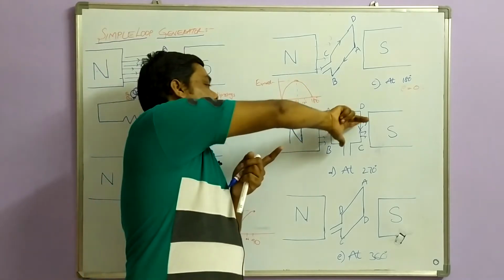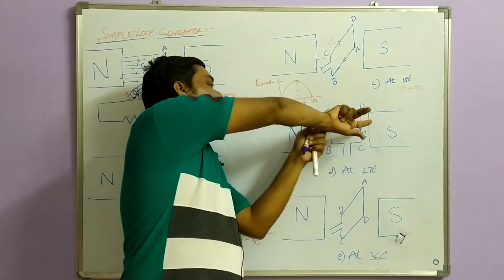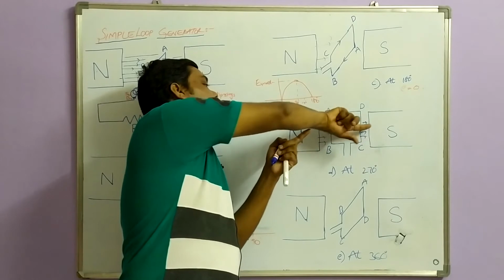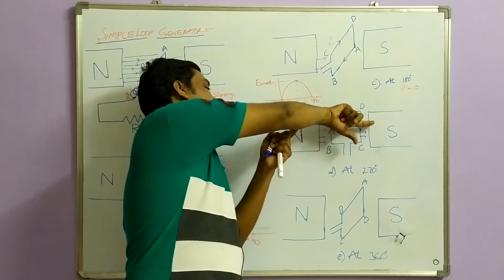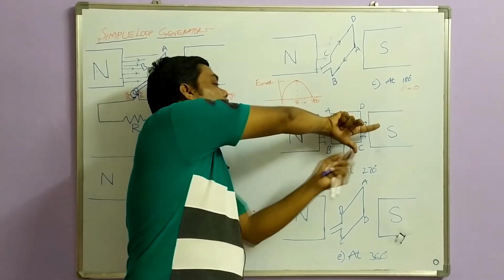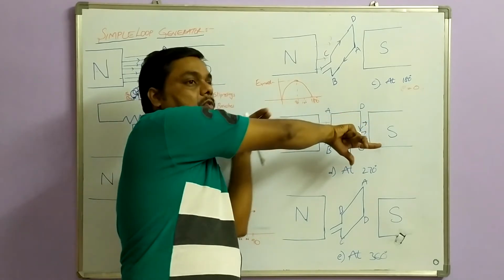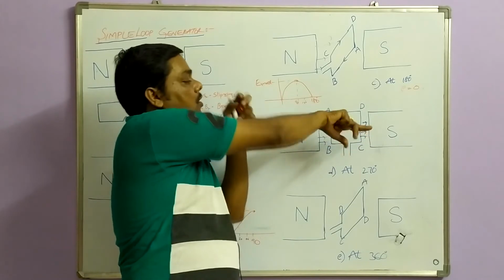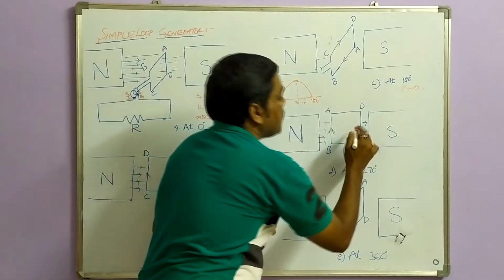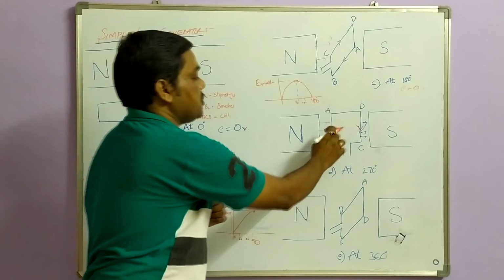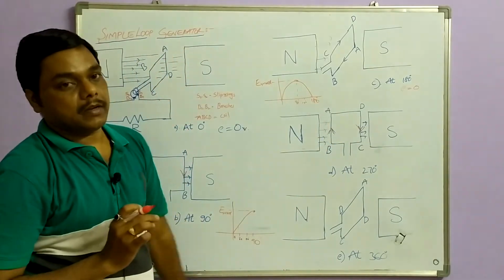You place your forefinger parallel to the flux, and the force direction is downwards. And what is the direction of current? It is coming out from your plane. I am showing this current by using an arrow mark opposite to the AB conductor.